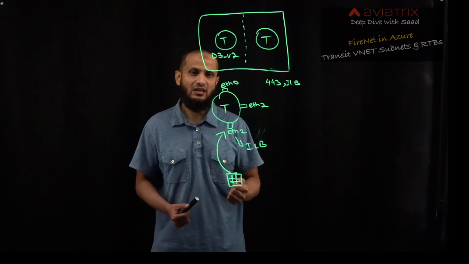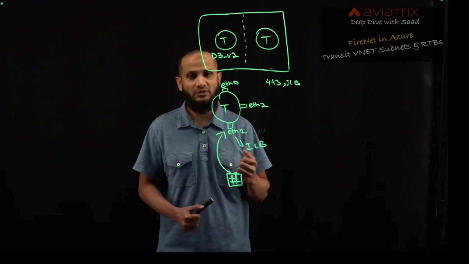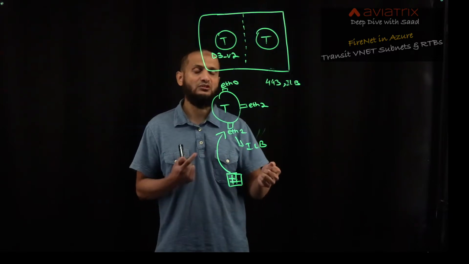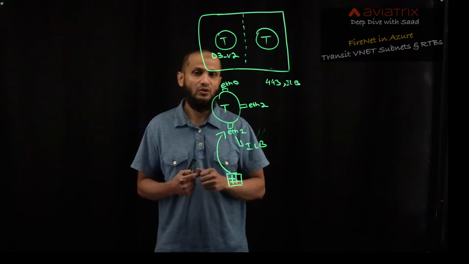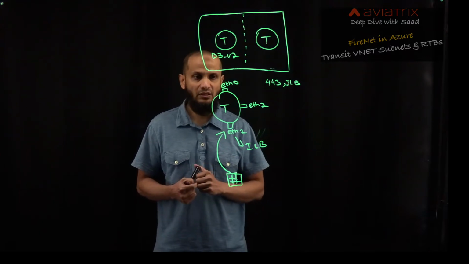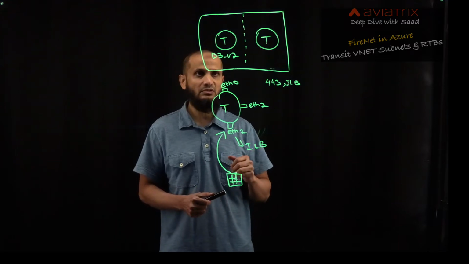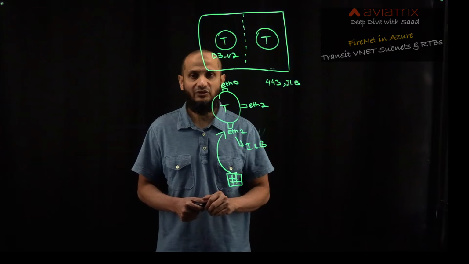The reason again is that we want to make sure we have appropriate subnets created, route tables created, and association of the route tables to the subnets done properly, and at the same time we create the ILB for the load balancing of the firewalls too. For that purpose, we require you to create the transit VNet from the Aviatrix controller.